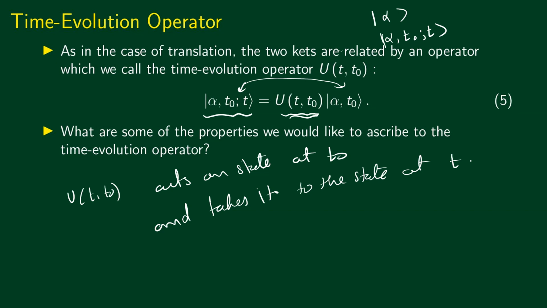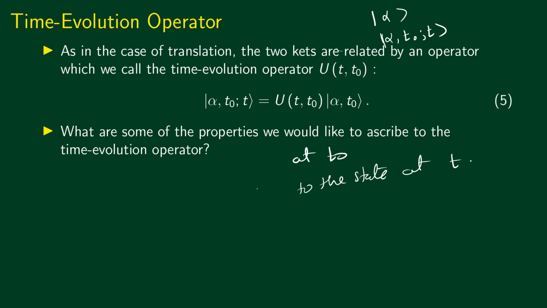So one of the arguments stands for the initial time and the other argument stands for the final time. Now we have just written a relation that relates two kets, the ket at an initial time and the ket at a later time. We don't know much about it, but we shall call this the time evolution operator.